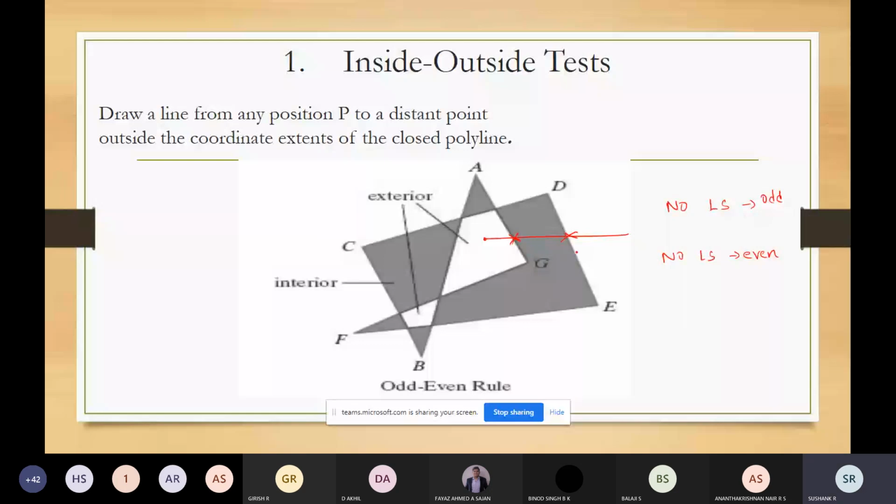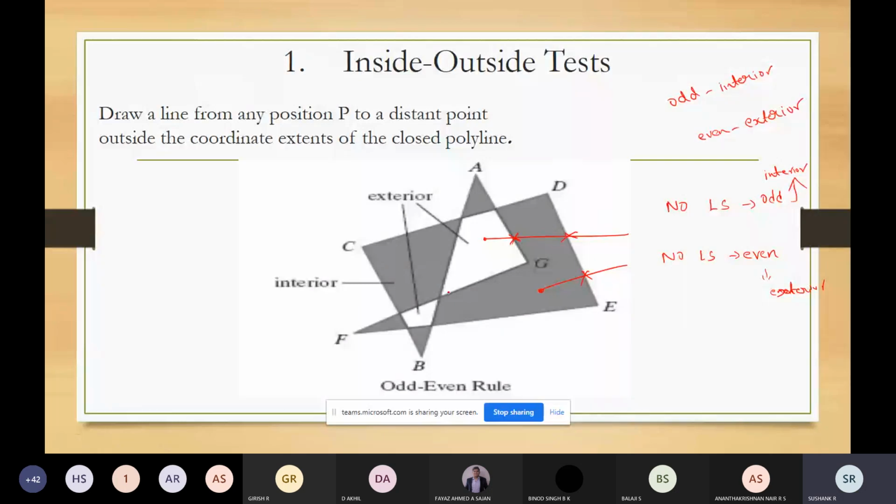If the count is even, it is exterior. So even means exterior, odd means interior. For example, from here I'll draw a line. Only one crossing; one means odd, and odd means interior. Even means exterior.